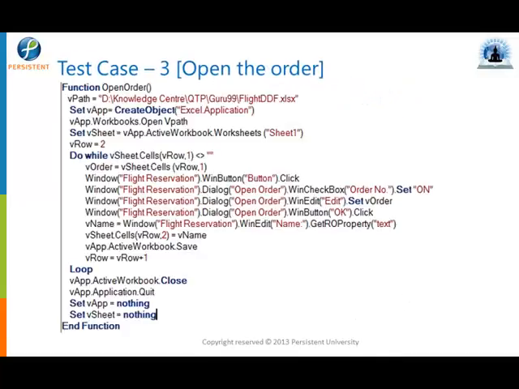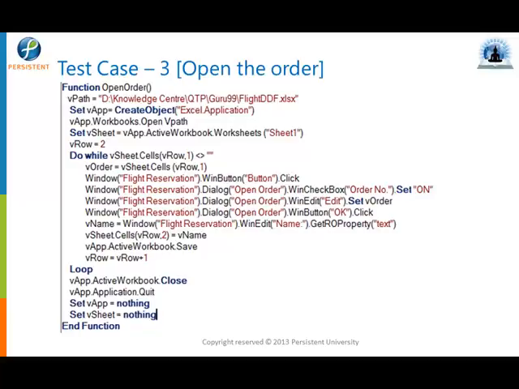Here the same script is used to develop a data-driven framework, thereby achieving the test case for several iterations. By following this simple method, parameterization of test case 3 is achieved.